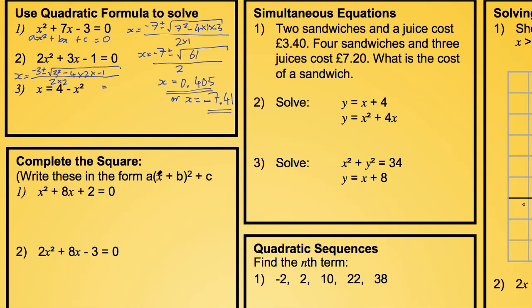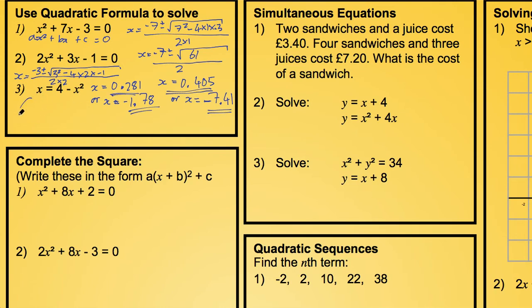Divided by 4, x equals 0.281, or x equals, I'll do the other way around, minus 3 minus root 17 divided by 4 gives me minus 1.28. 3 significant figures.